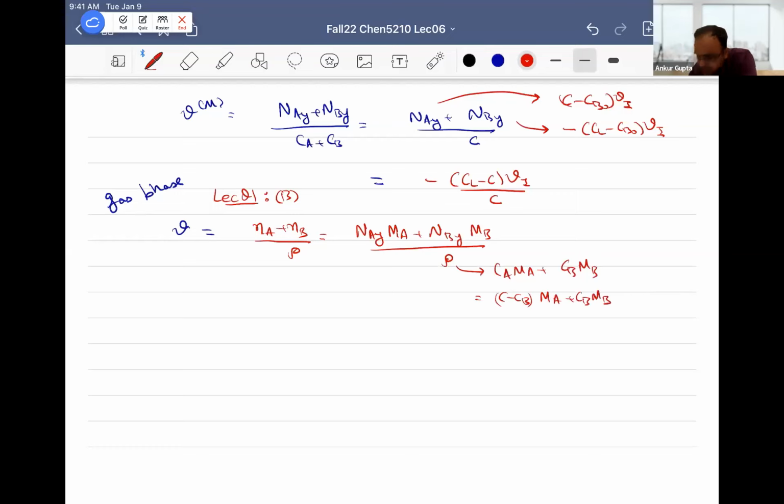Because C is constant, unless M_A and M_B are the same, which is what we did in your homework problem, you will not get a constant number because C_B is changing. So rho will also change, and your velocity is actually not constant in space.